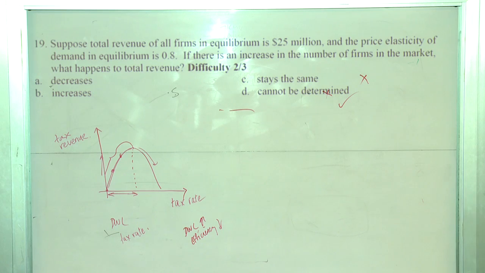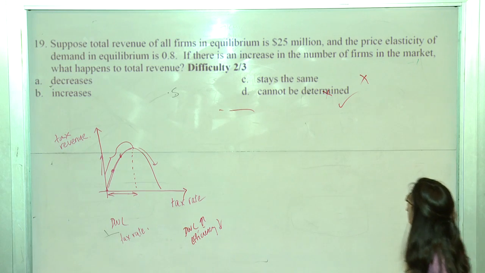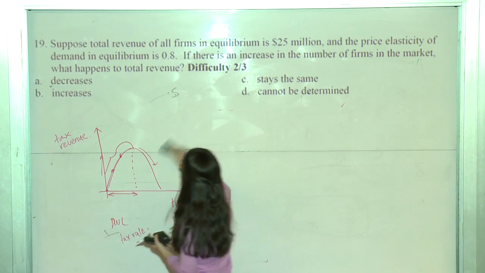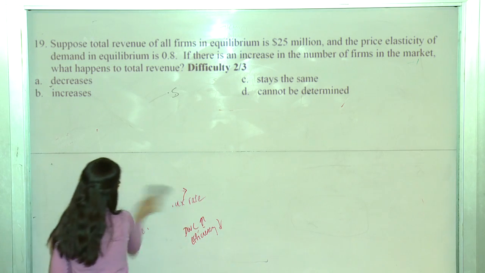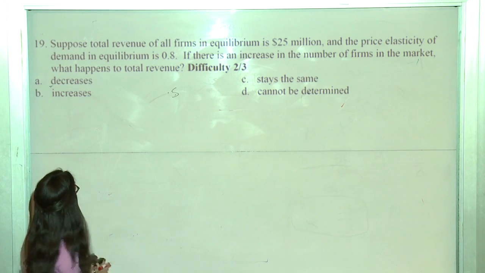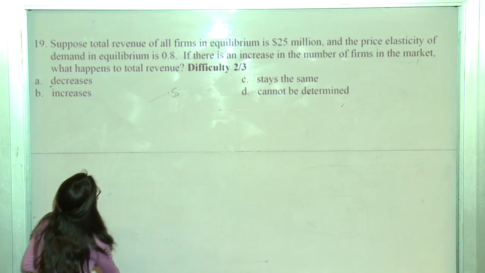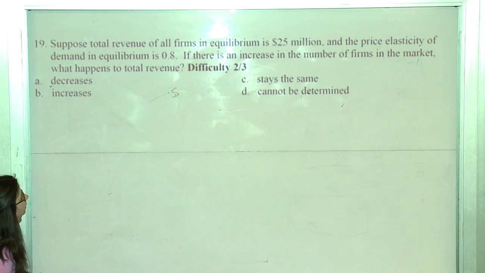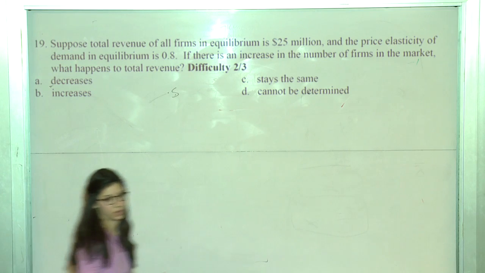All right, question 19. Suppose the total revenue of all firms in equilibrium is 25 million, and the price elasticity of demand in equilibrium is 0.8. Okay? So if there is an increase in the number of firms in the market, what happens to the total revenue?